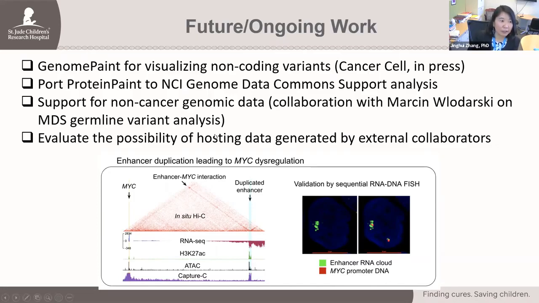We are also looking into support for non-cancer genome analysis, utilizing some of our variant pathogenicity calls, for example working with Marcin Brodowski on the MDS germline variant analysis. And we are very interested in evaluating the possibility of hosting data by external collaborators. So this is the end of my talk, thank you very much, and I'm ready for questions.